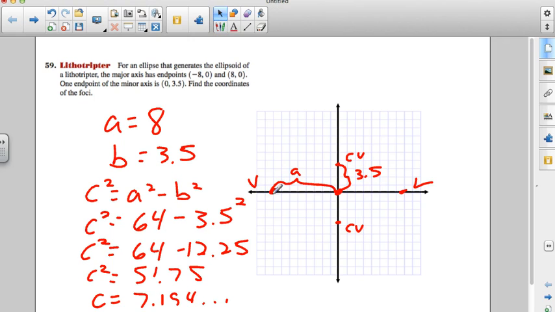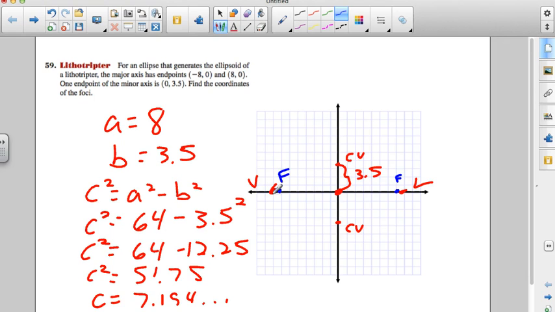Well, in an ellipse, remember that the foci are inside the ellipse, and they are on the major axis. So a little bit more than 7, here we have a focus, and here we have a focus.